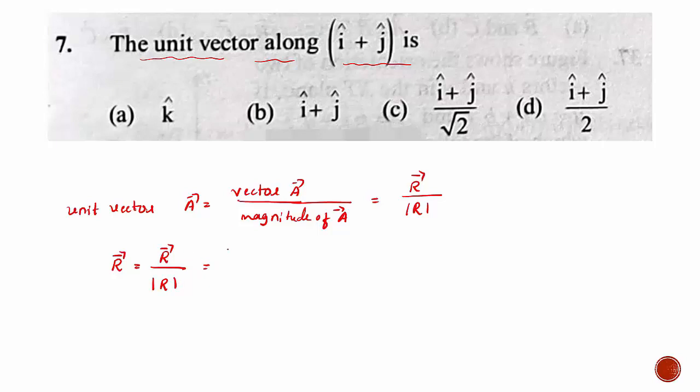Vector R, here it is given i and j, these are the directions: i cap plus j cap divided by mod of vector R, which means root of rx square plus ry square.